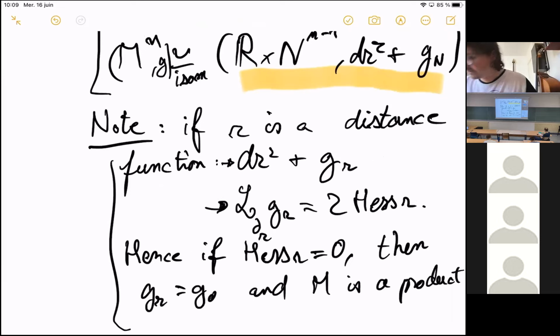And yeah, this is an isometry because we have built a product metric here of one flat factor R and something fixed. Okay, so now we need to find the distance function which has vanishing Hessian. Okay, so how do we do that?